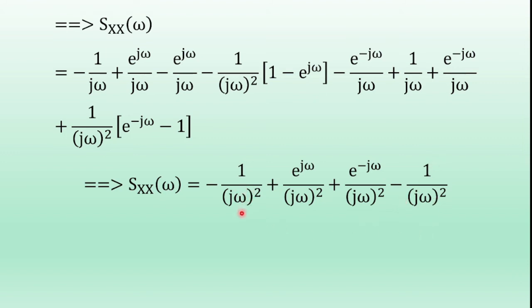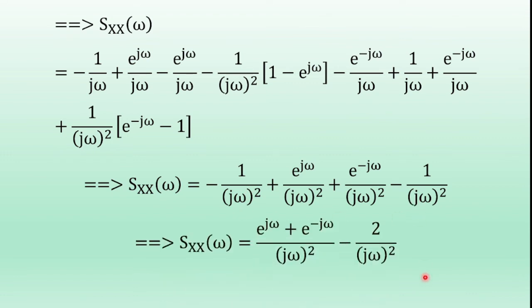So minus 1 by j omega whole square minus 1 by j omega whole square is minus 2 by j omega whole square, and in these two terms j omega whole square is common. So e power j omega plus e power minus j omega by j omega whole square.